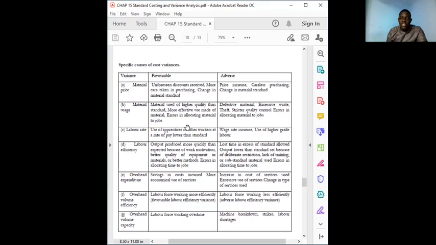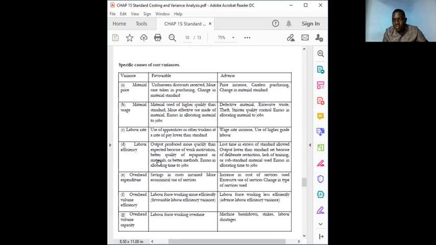variance in material usage. Okay, so we talk about labor rate variance. Why would the rate paid for labor be different from the standard? Why would the rate paid for labor differ from what you had planned to pay? So we are saying that the use of apprentices or other workers at a rate of pay lower than the standard. So maybe you happen to use a different grade of labor.